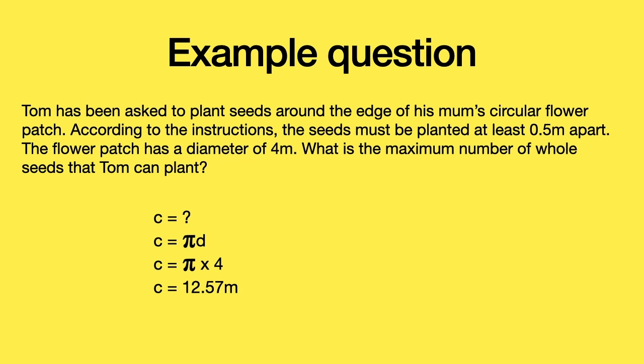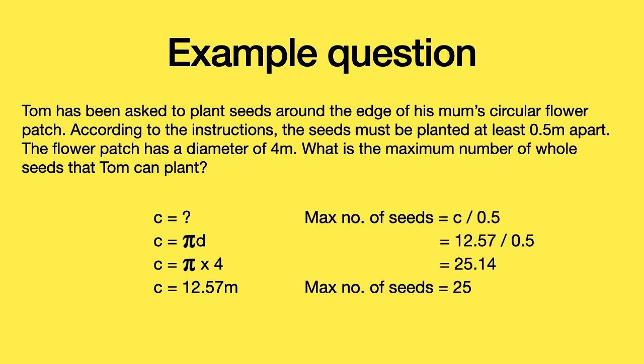So in order to do that, you need to divide the circumference by the distance apart, which is 0.5, and that will get you to 25.14, but obviously you can't have 0.14 of a seed, so it means that the maximum number of seeds will be 25. So that's just an example of the sort of question that might come up using that formula.